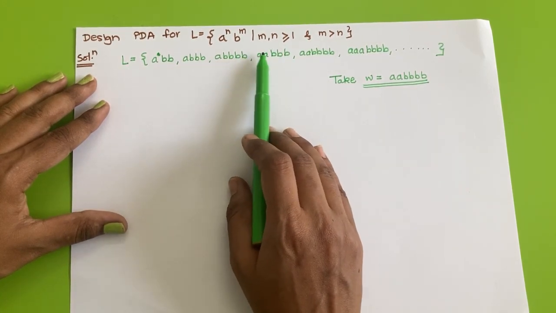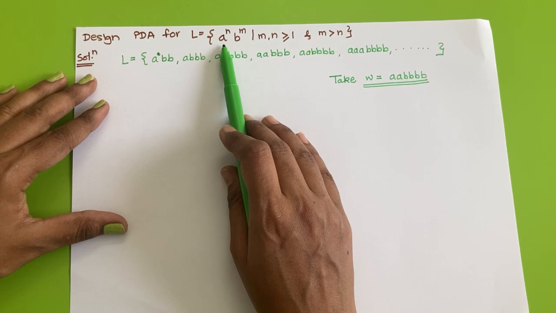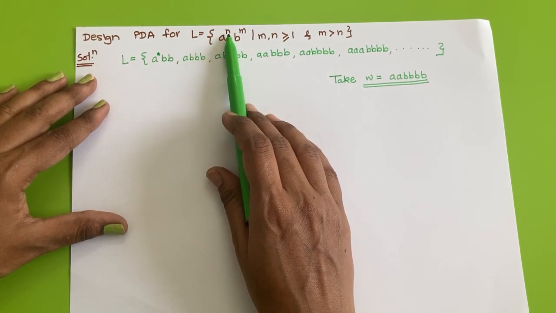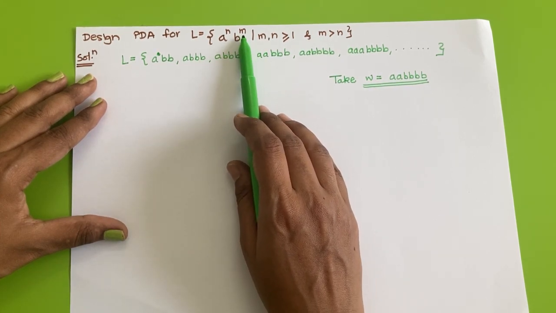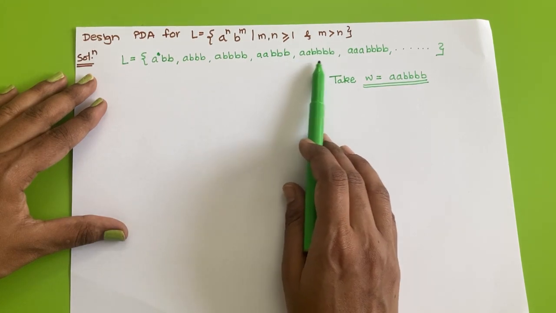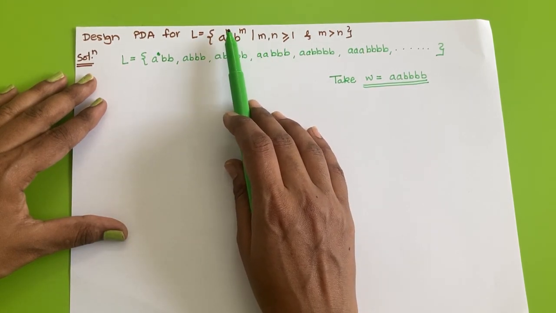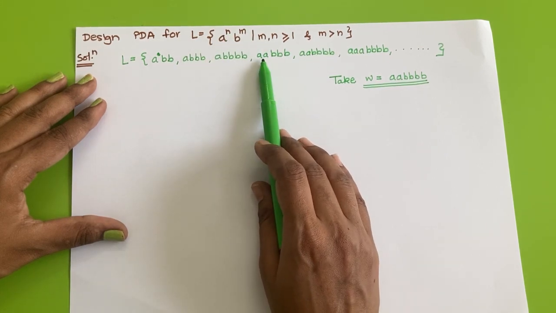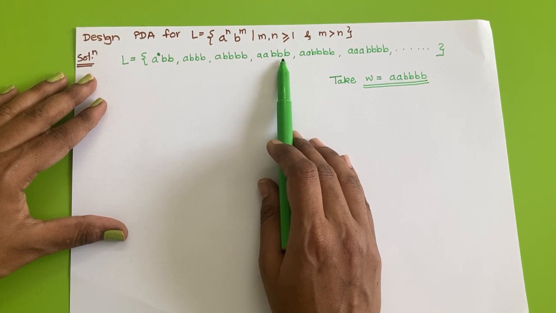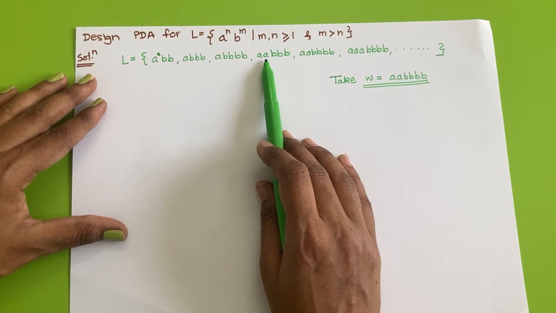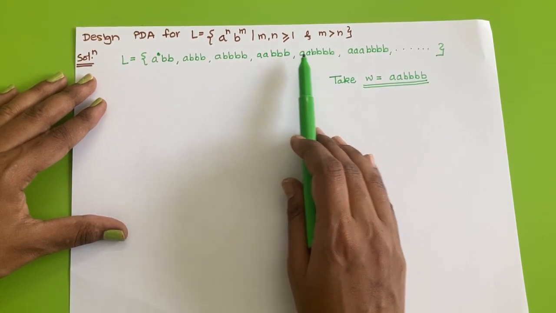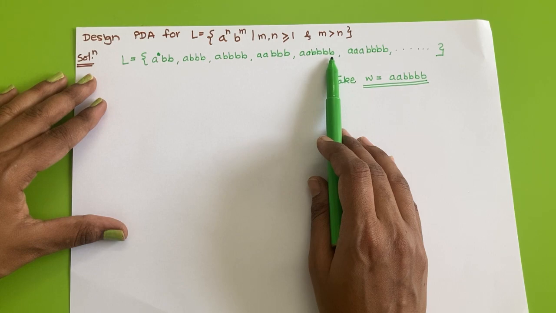Now the next smallest string, if I increment N by 1, so if N is equal to 2, then the string will be AA, and M can be 3 and onwards, because M is always greater than N. So if we have 2 A's, then the number of B's should be 3 or more. So double A triple B can be the string, double A 4 times B can be the string.